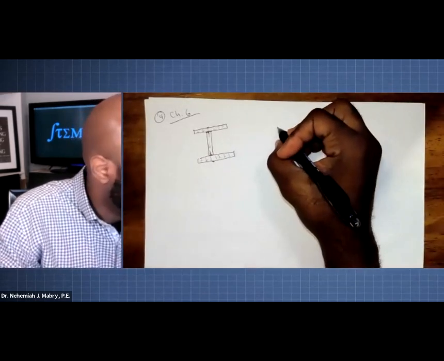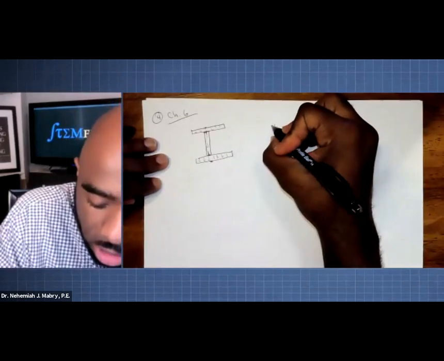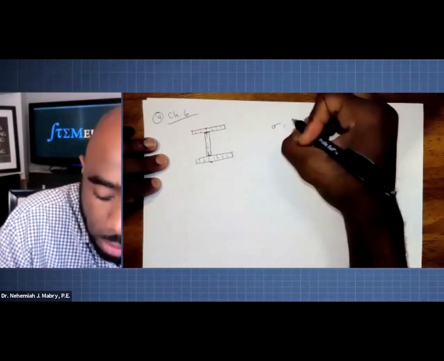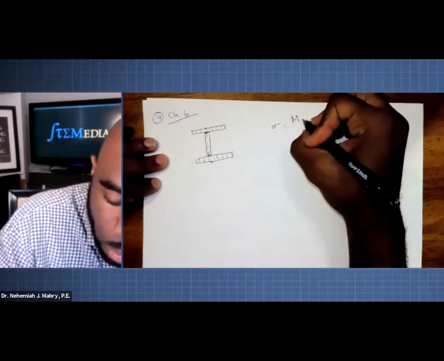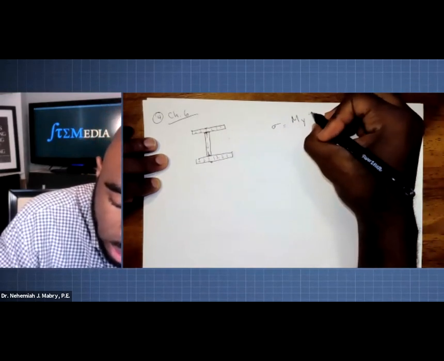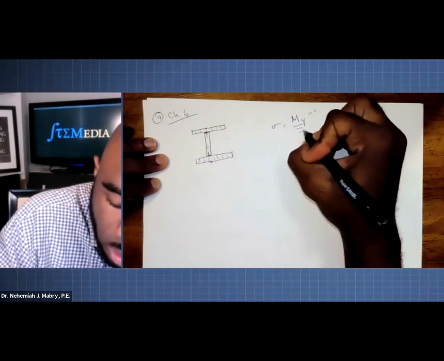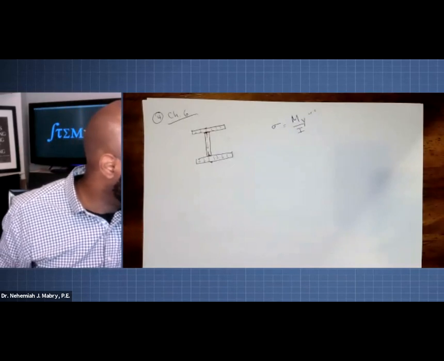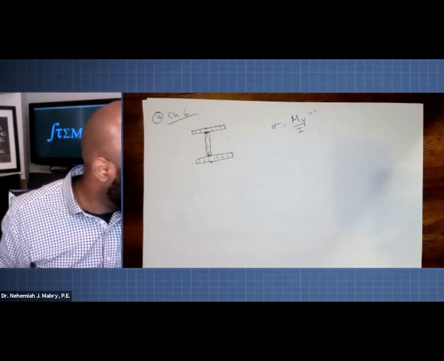So you do want to remember this flexure formula of M, Y, or C, over I. You want to keep that equation in your toolbox for this particular problem.